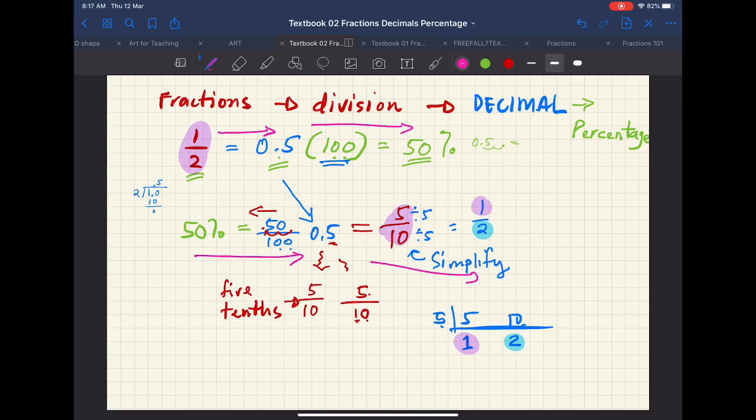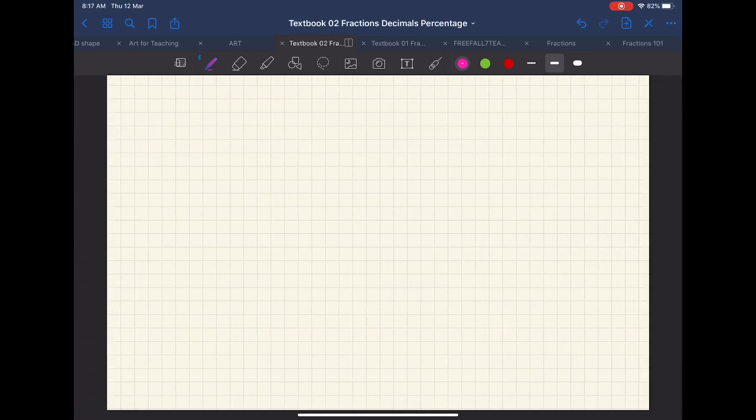So that's how you change fractions, decimals to percentages, and percentages to decimals to fractions. Okay? So what if I ask you, can you change this? Okay, let's use black. Can you change this 3/5? Can you make it into a percentage? What are you going to do?